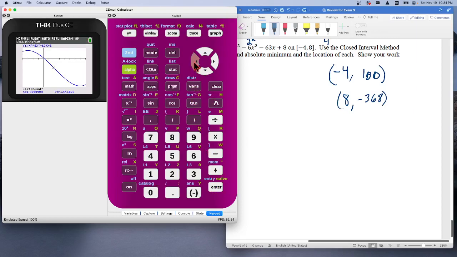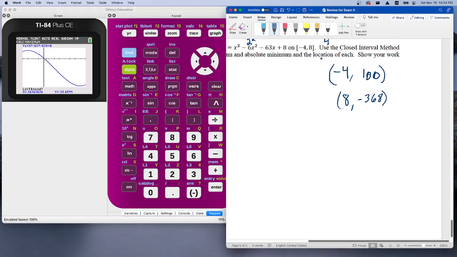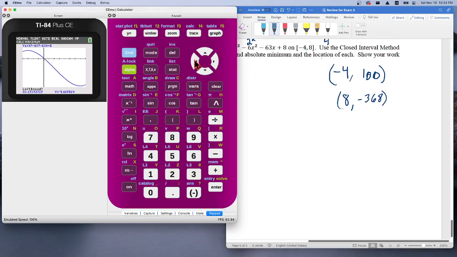So the maximum, again, and again, what it's asking for when it says location, that is the x value that we're looking for. Of course, we have the y values to do as a comparison to see which one has the biggest value or the lowest value.